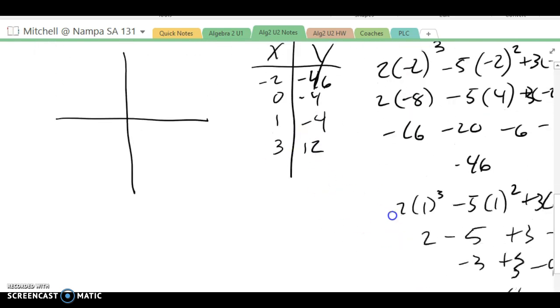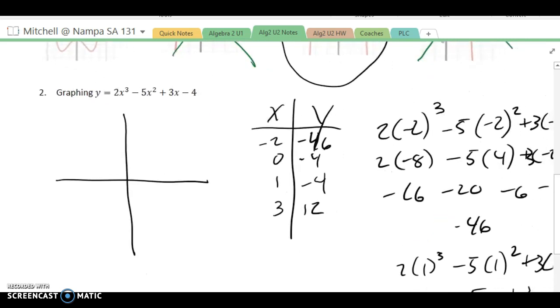Now, again, this is really easy in the calculator, super easy. You just type it in and hit enter. So if you're having trouble with all this stuff, seriously, just borrow a calculator of mine and just type it in and hit enter. So you have negative 2, negative 46. I'm just calling negative 46 down here.